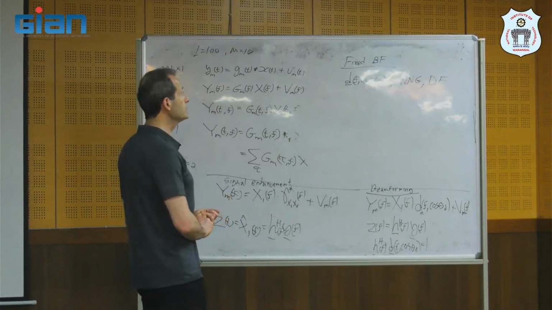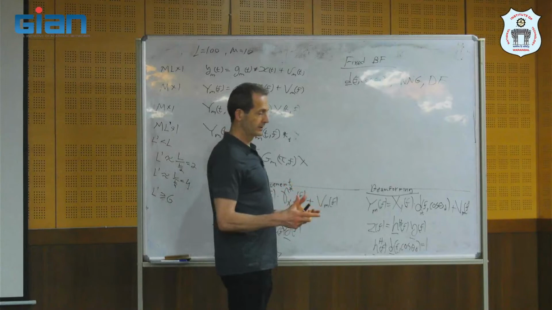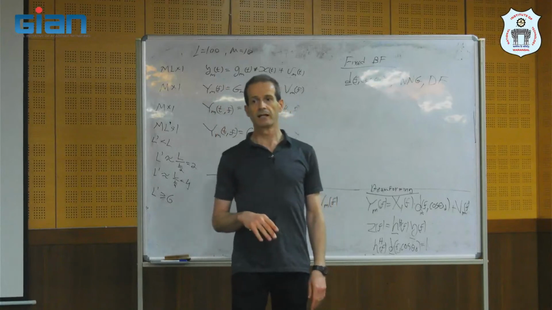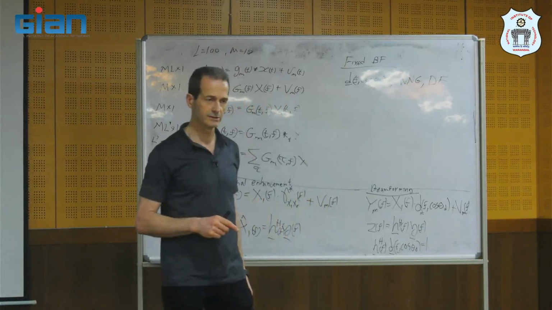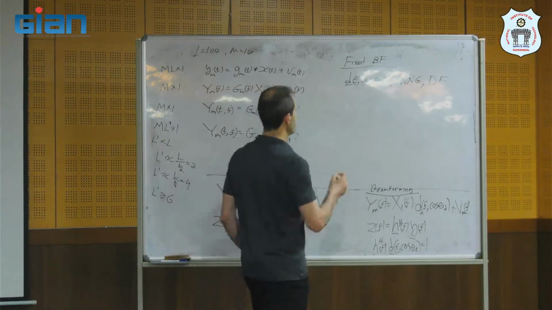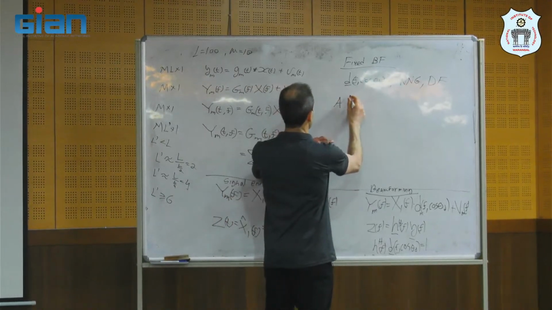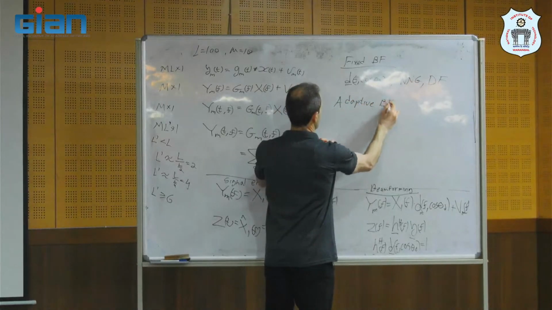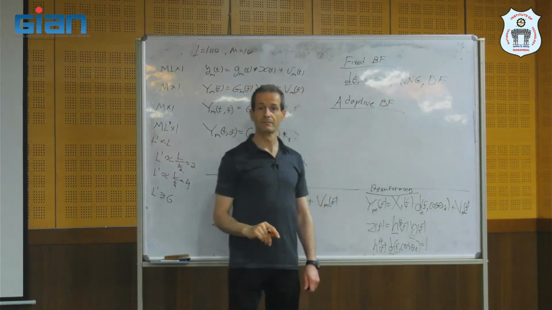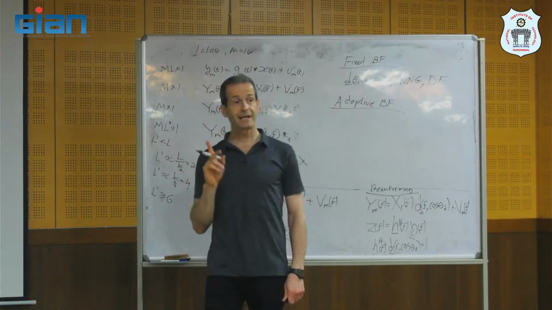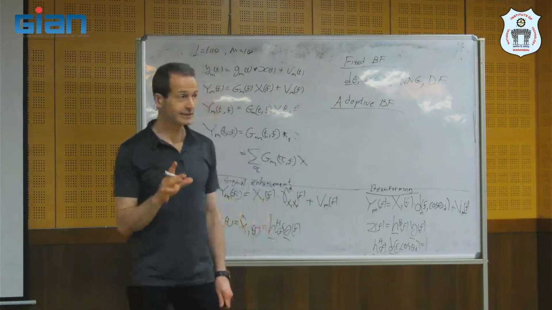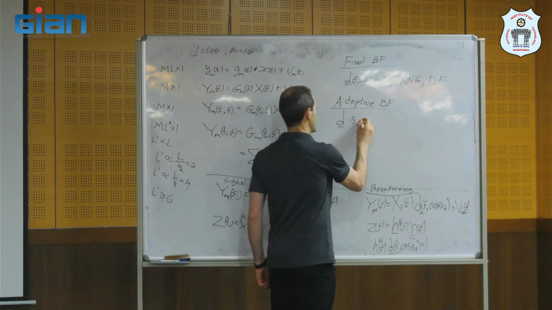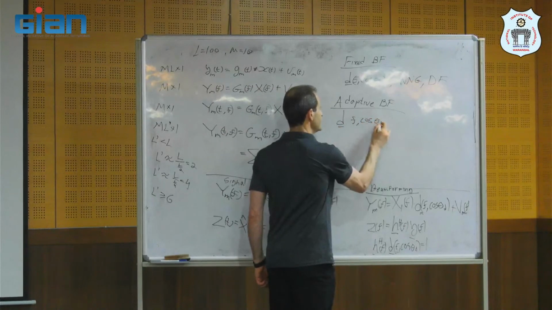But still, I need to assume that I know the direction of the desired source because I steer the beamformer towards a certain direction. With adaptive beamformer, I assume that I know information not only about the direction, so I assume that I know d f cosine theta d.